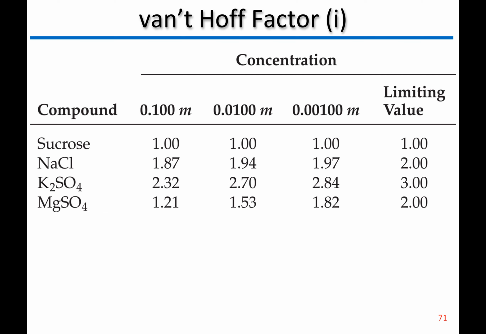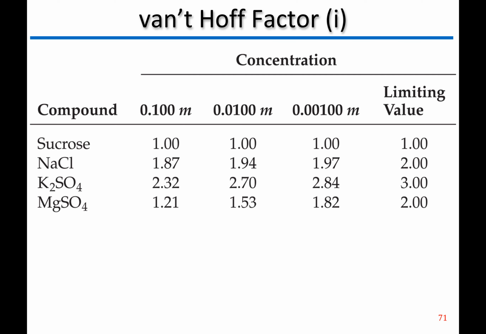So in other words, there's kind of a sweet spot here. It actually has a greater van 't Hoff factor when it has lower concentration, and that's because, again, there's less recombination happening. If it's much harder for the ions to find each other, effectively there are more particles, because more of it is Na+ and more of it is Cl-.